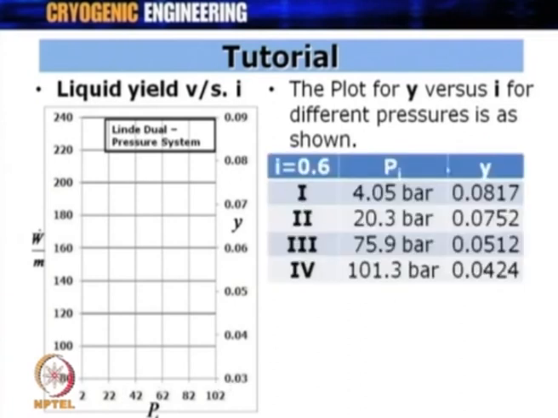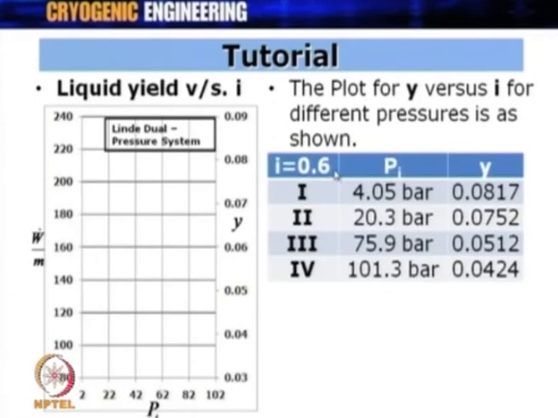So, this is my table for I equal to 0.6. If I plot these points, the first point is 4.05, 0.08. So, if you see on the right axis, 0.08 at 4 bar, then the second value, the third value and the fourth value. All right.